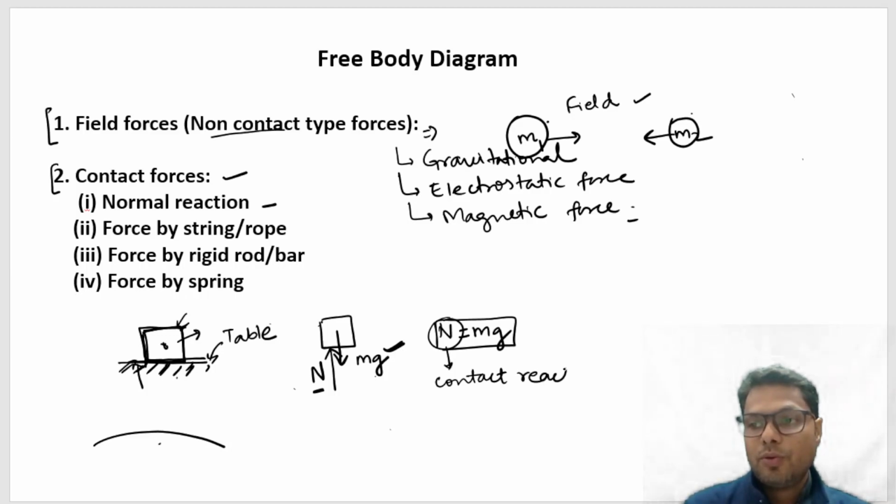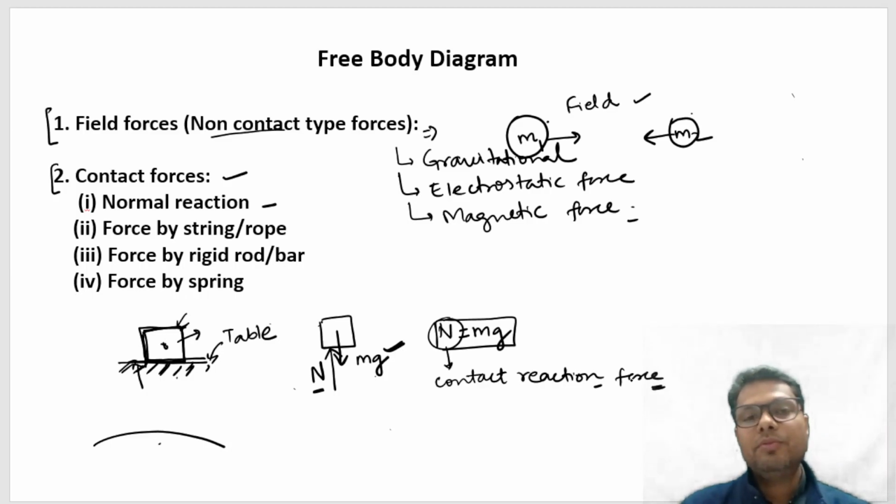And where there is a contact between two bodies, in 99% of cases, there is a contact reaction force between each other. Later on we will discuss it in more detail.